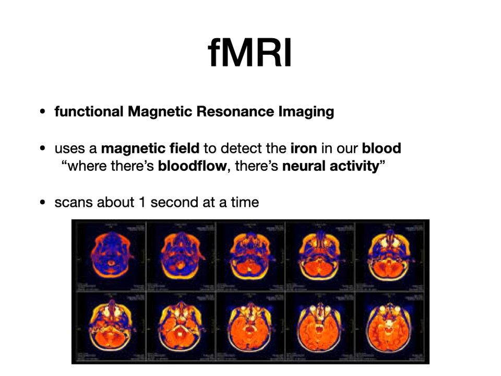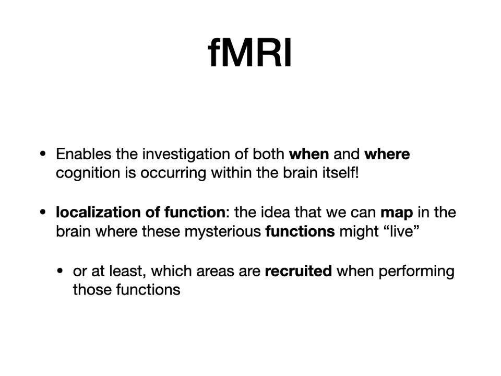So this is a cool piece of technology because what it's showing is that blood is changing within the brain, and I can see that blood. So this allows you to investigate both when and where cognition, or neural activity at the baseline, is occurring within the physical structure of the brain.